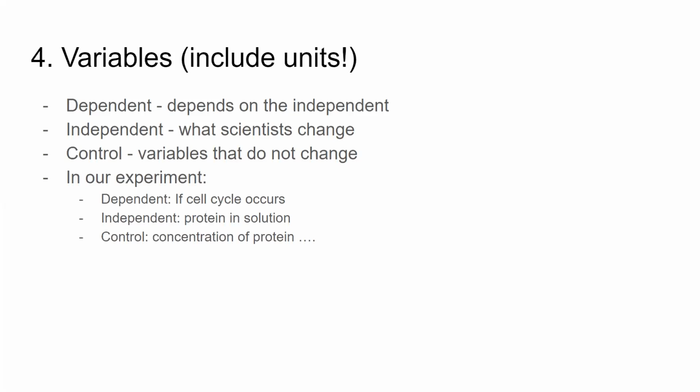Because let's say the water is boiling, then your cells will probably not go through the cell cycle and break apart. That's why it's really important to have a control group, because it makes sure that your experiment is working properly and there's no flaws in your experiment. So those are subsets of the independent variable, right? You're going to have the control group and your experimental groups.